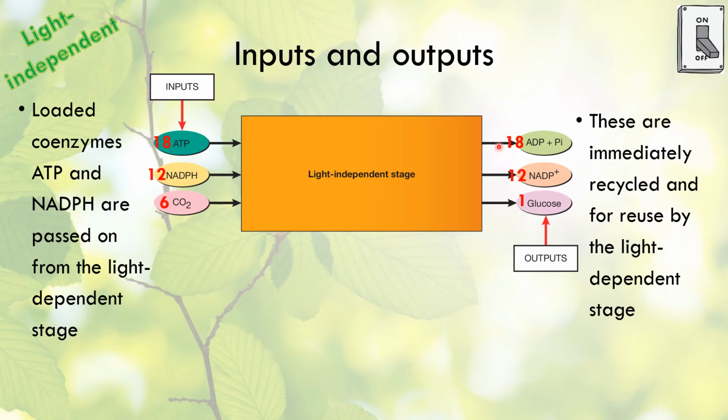We spit out the other side 18 ADP molecules plus phosphate, 12 NADP+, 1 glucose, but somebody's going to be wondering where the water came from. Remember how I talked about the water? We also spit out 6 water molecules, and this is not even in your book. So those 6 water molecules are released also as a byproduct at this stage.